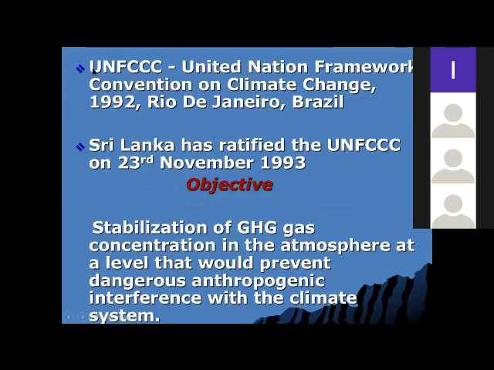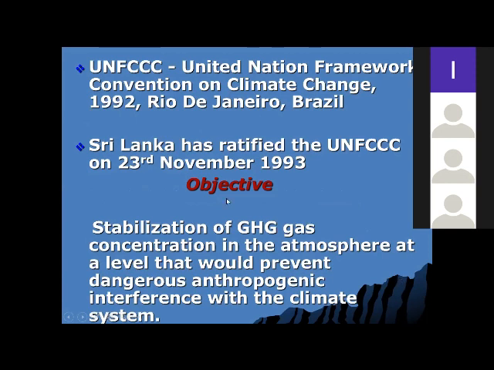Now getting back to this, climate change, United Nations Framework Convention on Climate Change, it was in 1992, Brazil, Rio de Janeiro. Sri Lanka is also party to this. We are party to many.